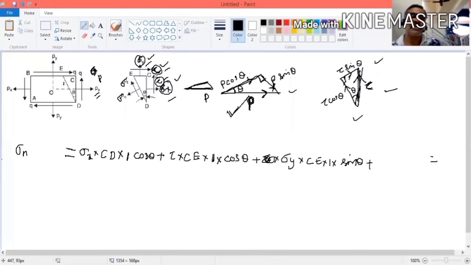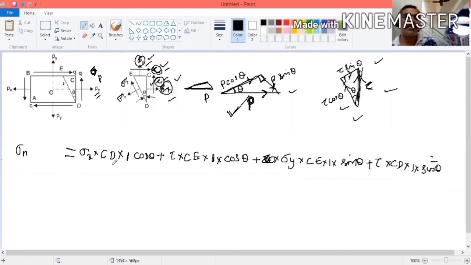This is horizontal, this is vertical, this tau vertical. Now you convert this also into this directional force. Tau into area, where area is equal to CD into 1. The shear stress is acting here, so the area will be CD into 1 into sin theta.